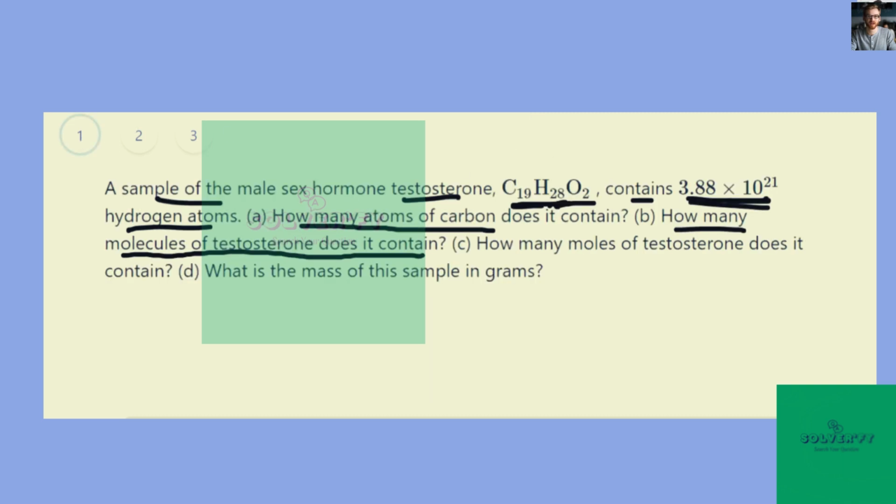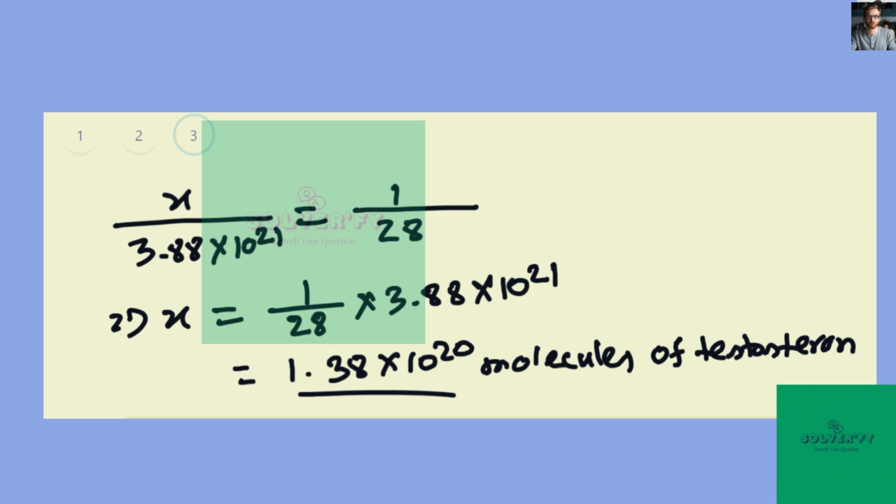Then in the third part of this problem, we have to find out how many moles of testosterone this sample contains. Here we have calculated how many molecules of testosterone are contained in the sample, and now we have to find the number of moles. As we know, 1 mole of any substance contains 6.02 times 10 to the power 23 molecules.